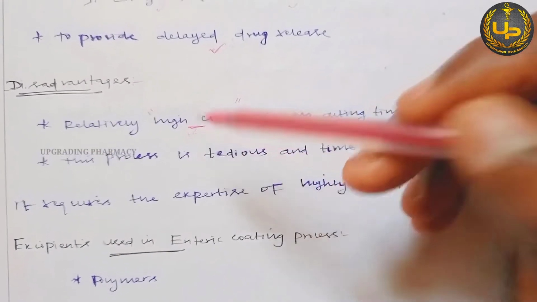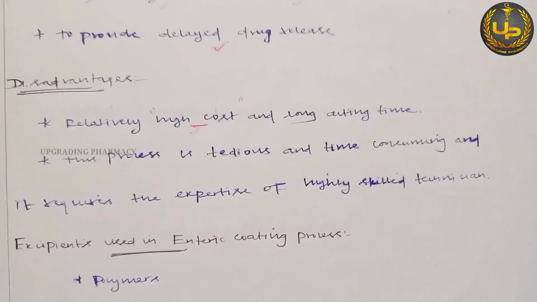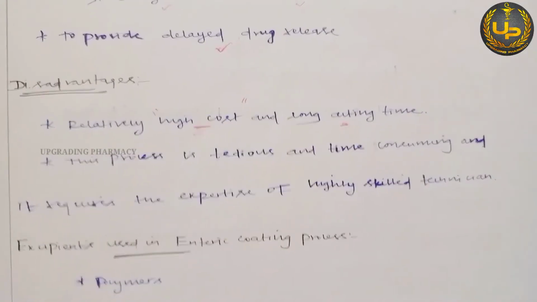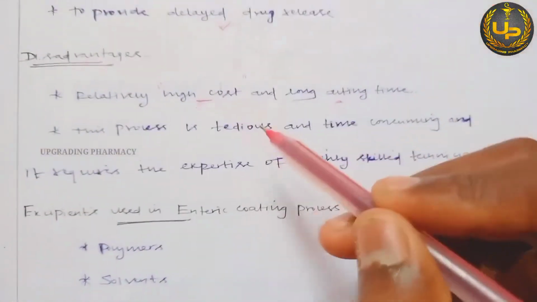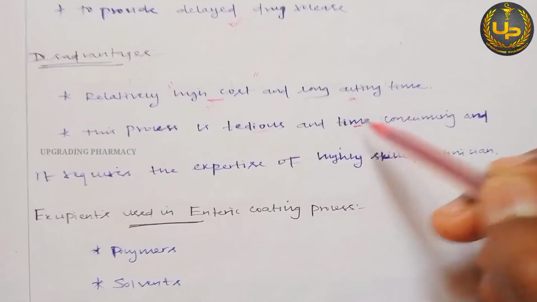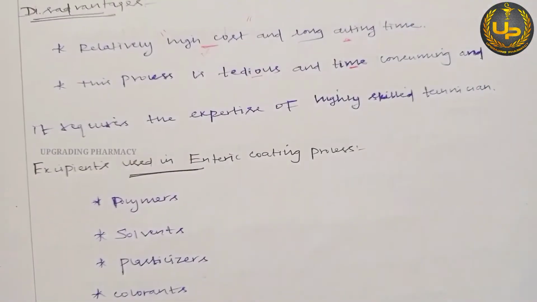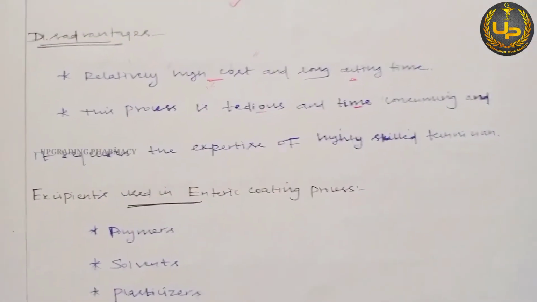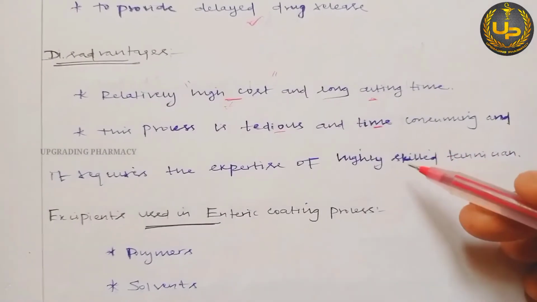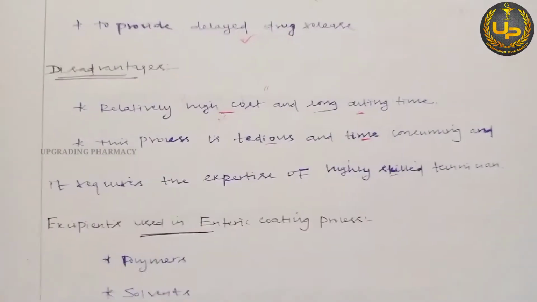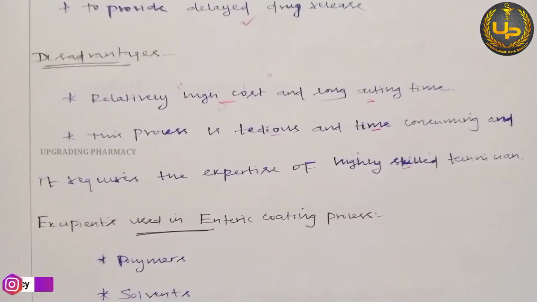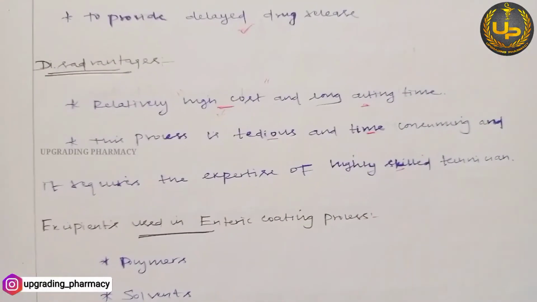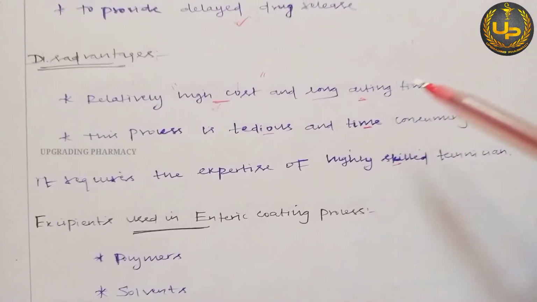Compared to film coating or sugar coating, the polymers are costlier. Next, long acting time, which means it will take much more time to produce the action. The process is tedious and time consuming, and it requires highly skilled technicians to make the enteric coating polymers at the required concentration. Highly expert technicians are required for the production of enteric coated tablets, and it takes a long time to release the drug. So these are some disadvantages of enteric coated tablets.